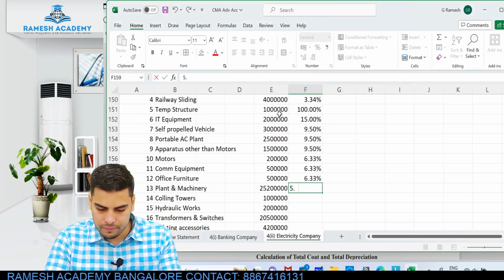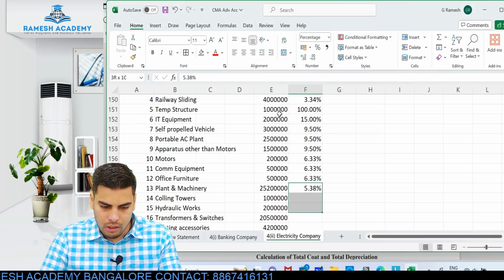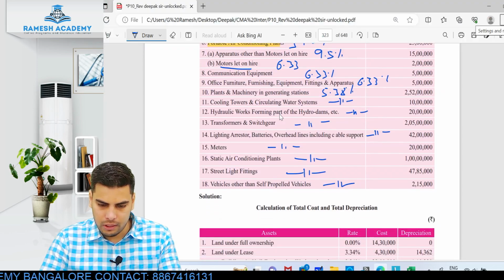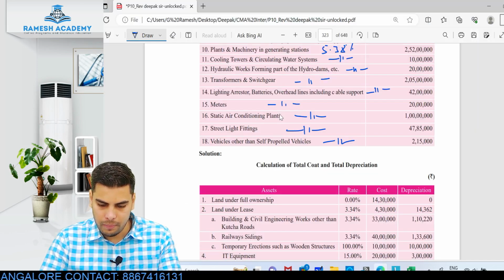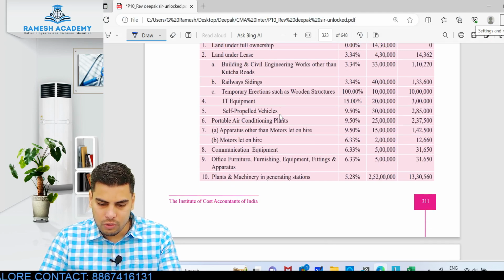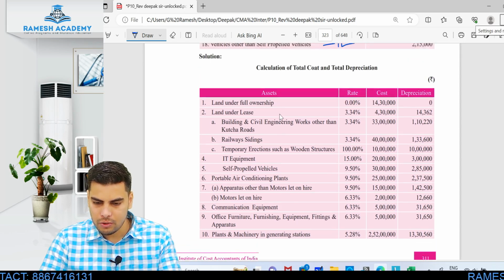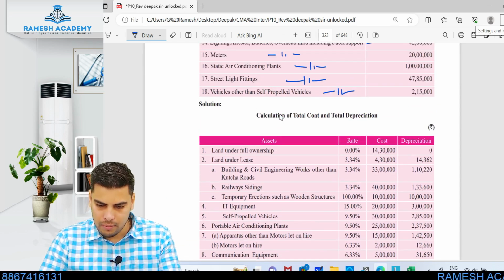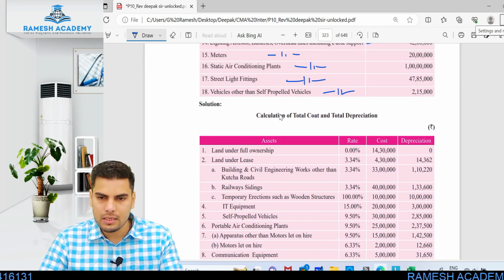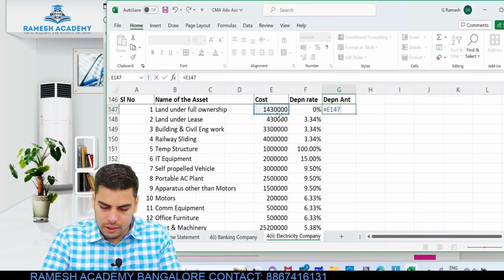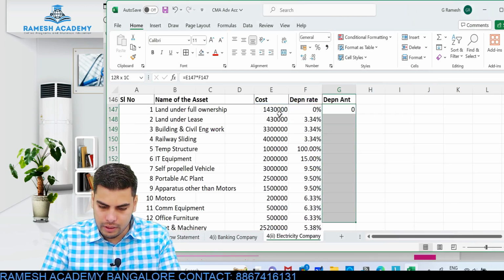Plant and machinery would be 5.38. Cooling towers, all these things, it is 5.38 only, so everything is 5.38. Now I just need to apply these particular rates of depreciation and calculate the depreciation amount. I'll be multiplying the amount by the rate of depreciation.